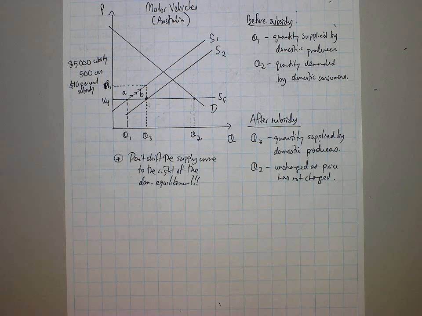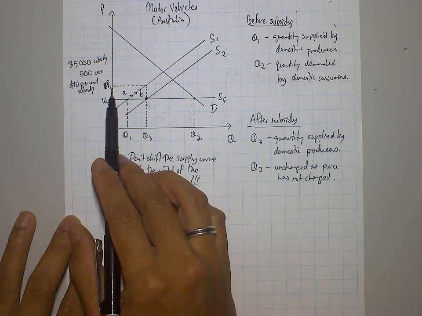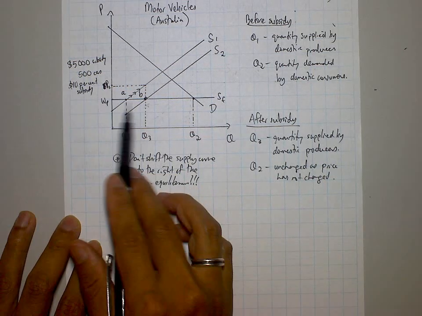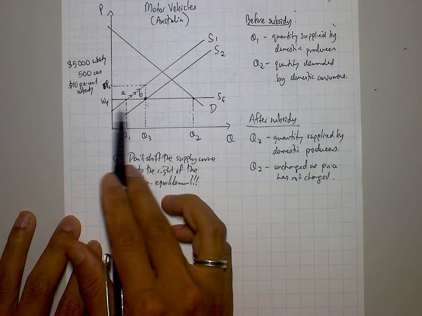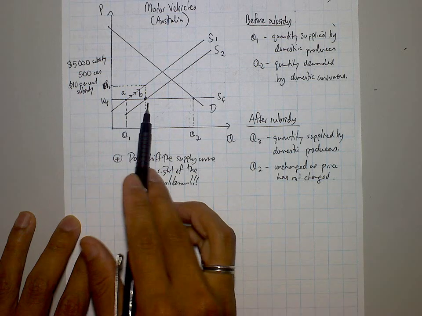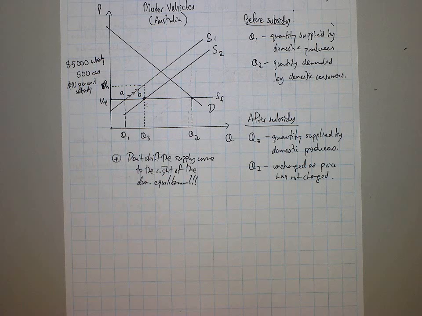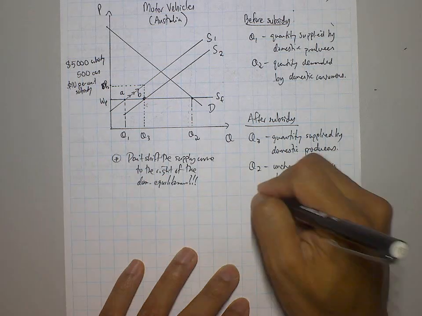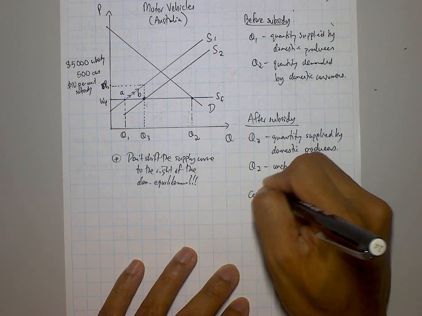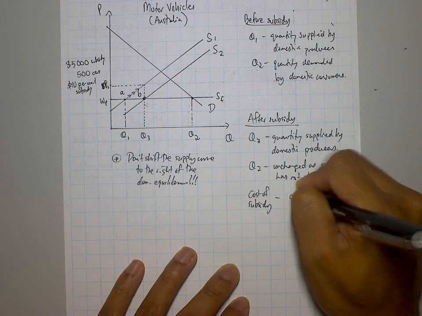So A and B is the cost of the subsidy, because remember we said that the vertical distance here is the per unit cost of the subsidy, and this horizontal section is the quantity that the domestic producing sector is making. So you want to multiply cost per unit by the quantity produced, and that gives you the cost of the subsidy. Cost of subsidy A plus B.